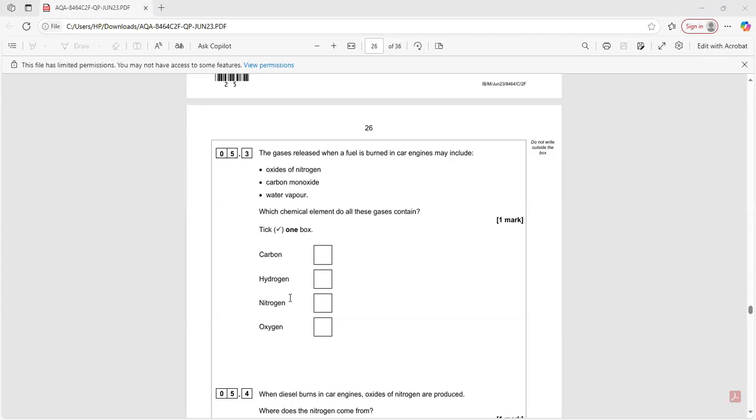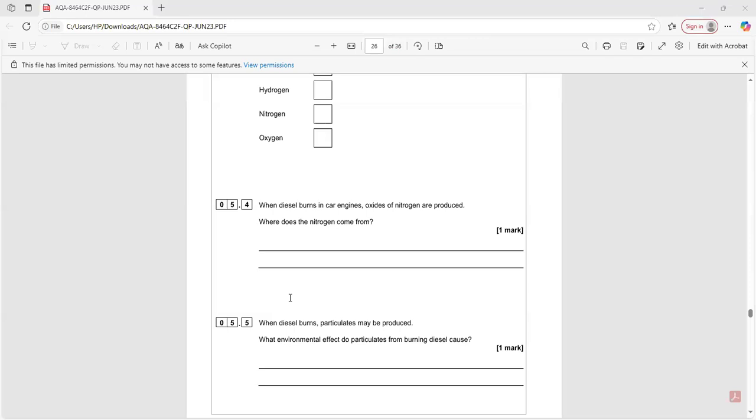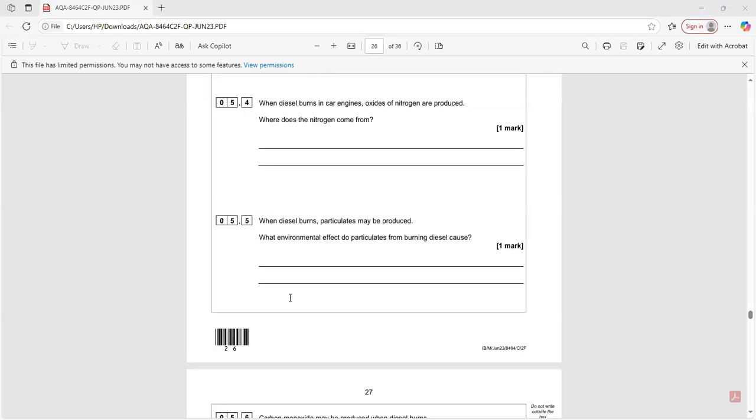Yes. Okay, moving on. When diesel burns in car engines, oxides of nitrogen are produced. It says, where does the nitrogen come from? So can you guess where the nitrogen comes from?